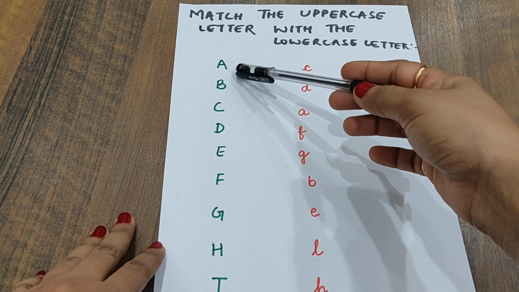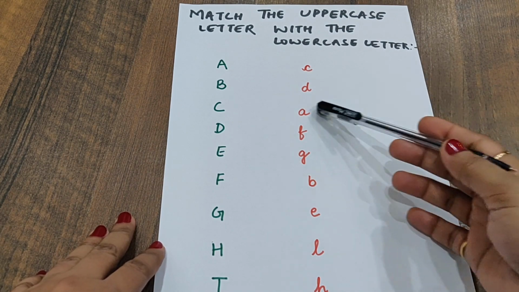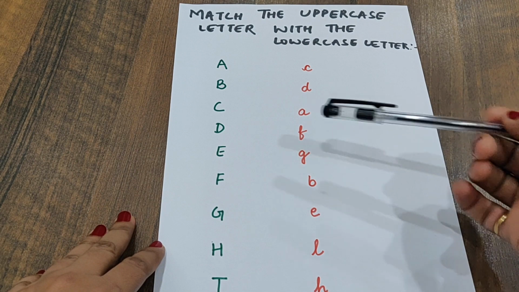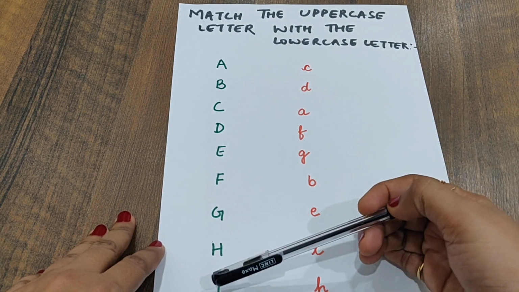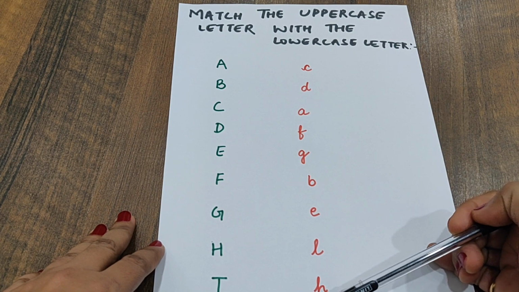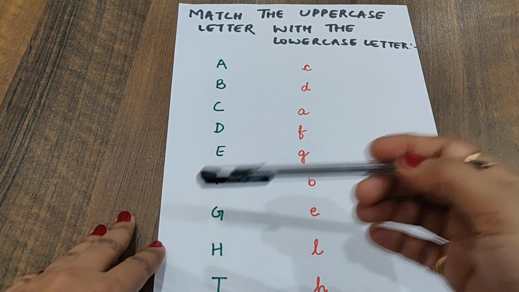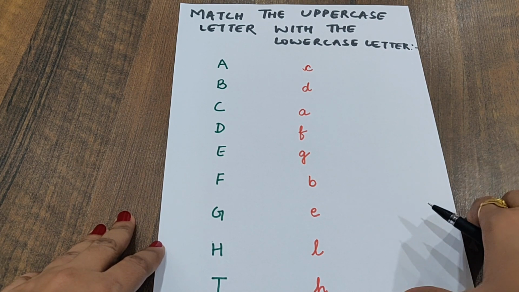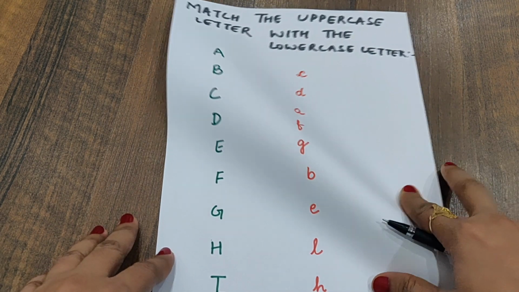So A has to be matched with a similar lowercase letter and accordingly it has to be done. So on one side all of you should write down the uppercase and on the other side you should write down the lowercase in a jumbled form and ask the child to match it in the similar way. That is, the similar alphabet has to be matched. Moving on to the next.